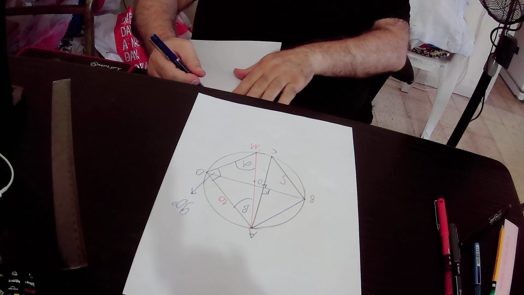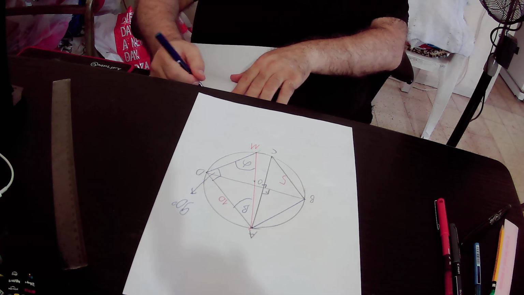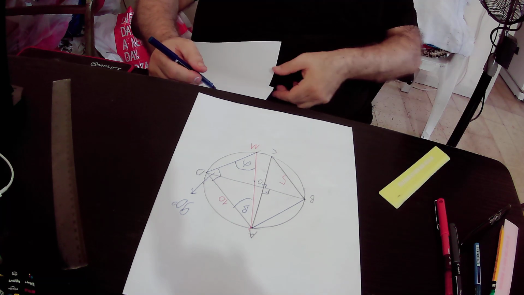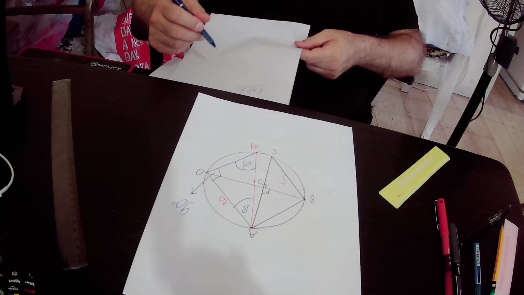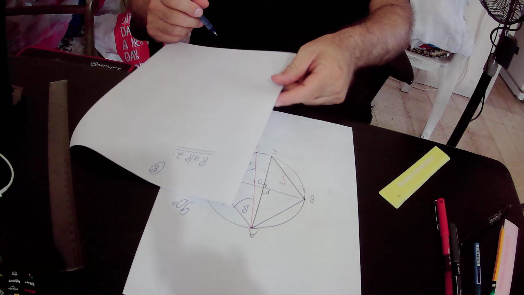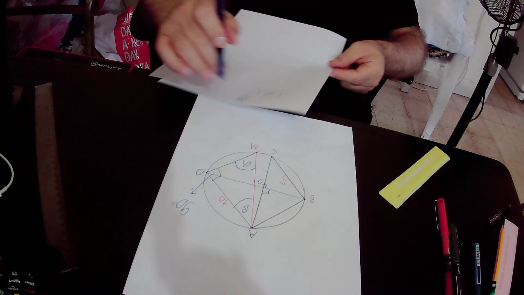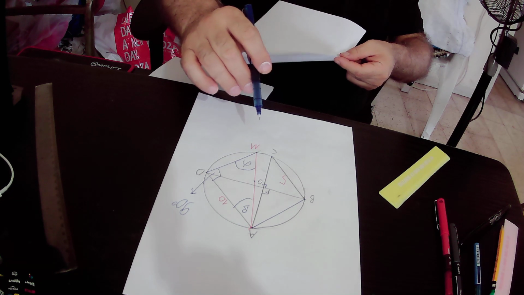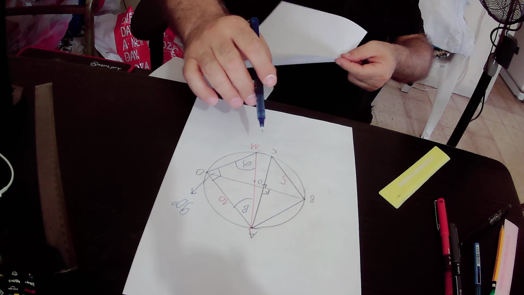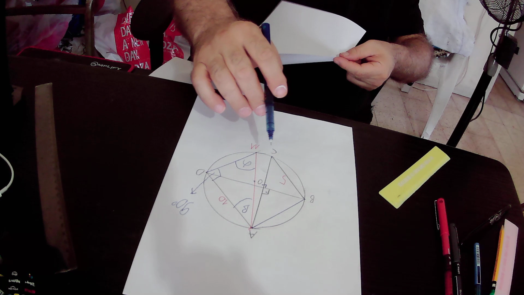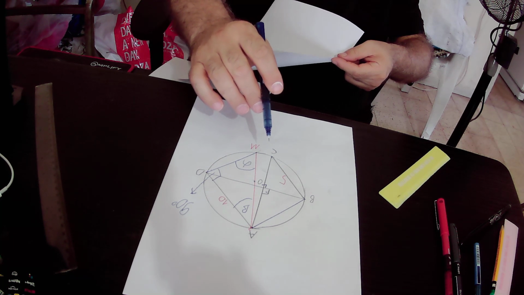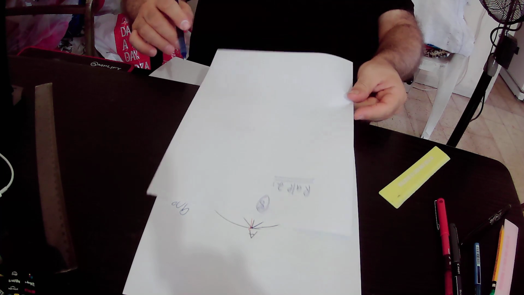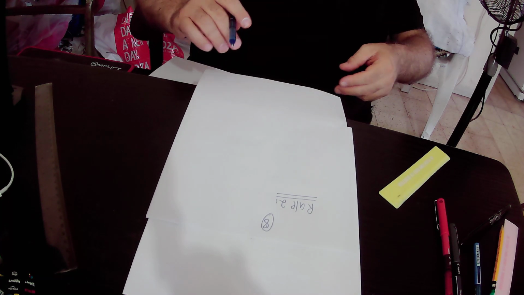So rule number 2 states that if two peripheral angles rest on the same chord, then they are equal to each other. Okay?